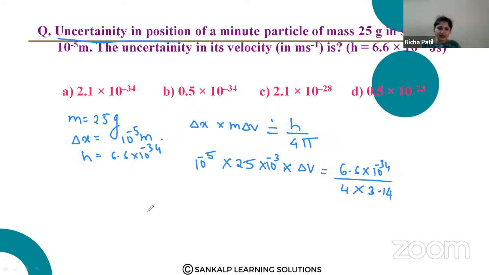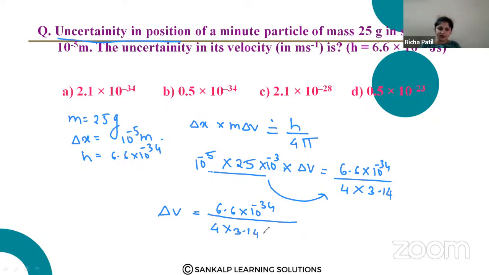Now take this delta v one side. These two terms will go here. So it will be 6.6 into 10 raised to minus 34 divided by 4 into 3.14 into 10 raised to minus 5 into 25 into 10 raised to minus 3.